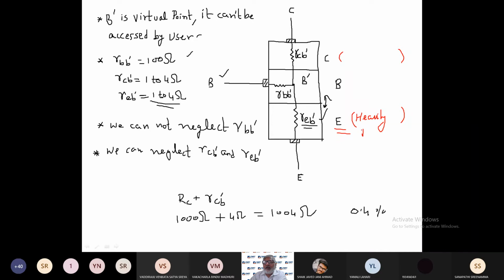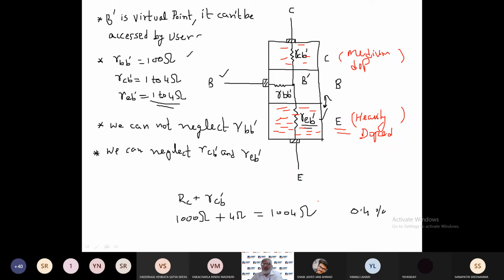The collector is medium doped, and the base is lightly doped. If it is more heavily doped, there are more charge carriers. In an NPN, the charge carriers in the emitter are electrons, and in the collector the charge carriers are also electrons, but their number is less as compared to the emitter.